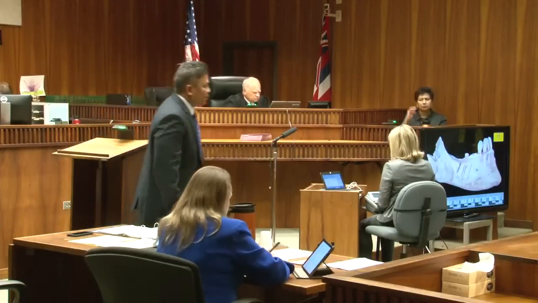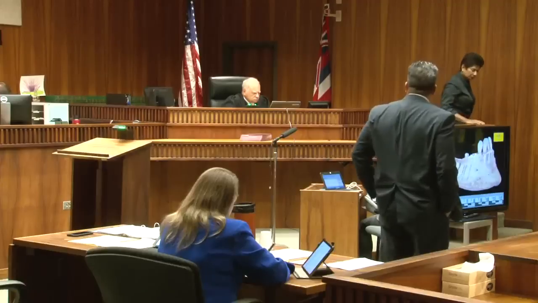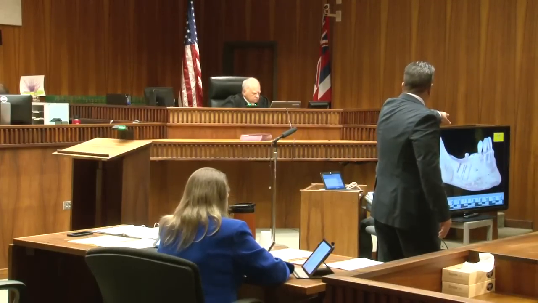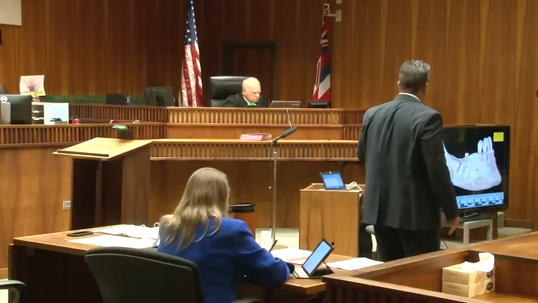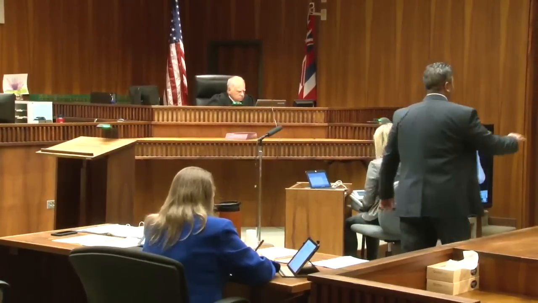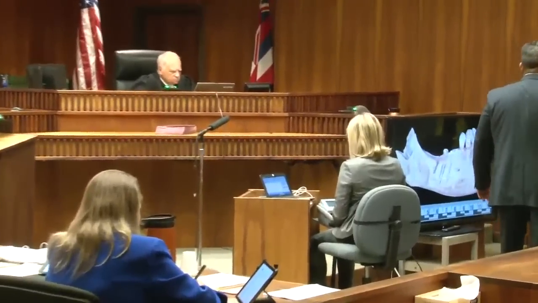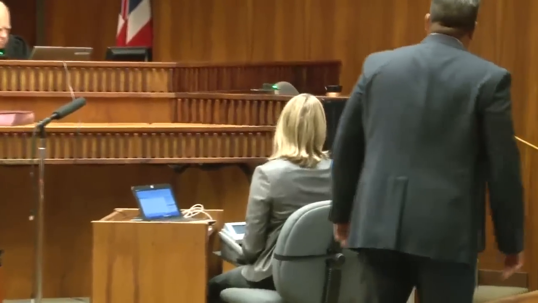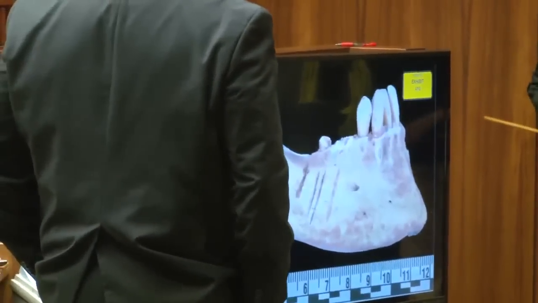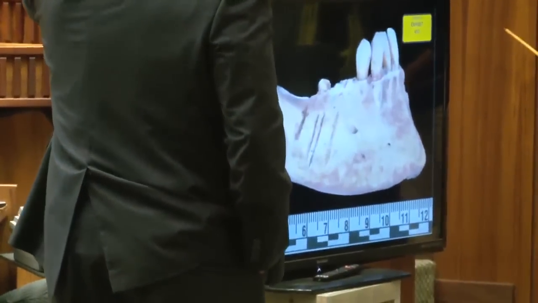May Dr. Diaz step down and approach the large monitor? Yes. And using the pointer as well. Okay, Dr. Diaz, there's a pointer right behind you against the wall. Now, if you could stand more to the right of the monitor so we're not blocking the view of the ladies and gentlemen on the end of the jury box. Thank you. When you first received Dr. Taylor's report, did you have a chance to review this photograph?